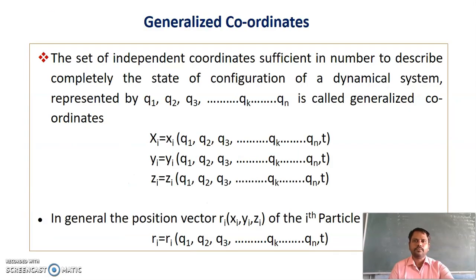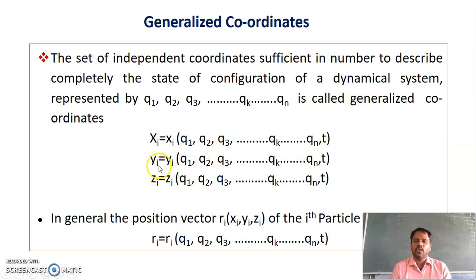Likewise, the set of independent coordinates, sufficient in number to describe completely the configuration of a dynamical system, which are represented by q1, q2, q3, and so on up to qn, is called generalized coordinates. The Cartesian coordinates in terms of generalized coordinates are given by x equal to x, a function of q1, q2, q3, up to qn.